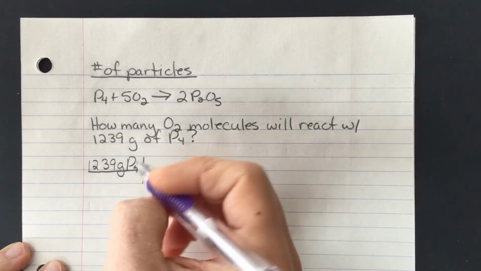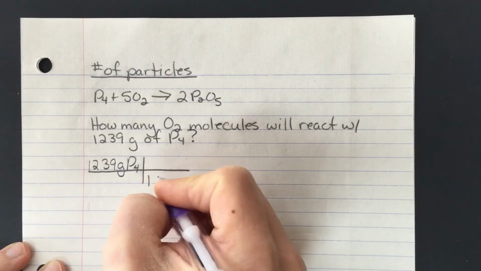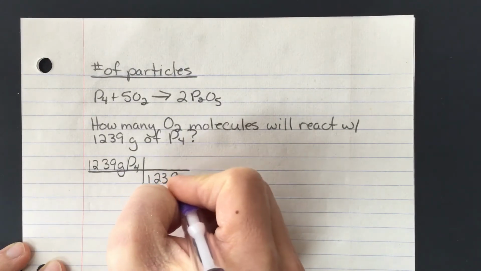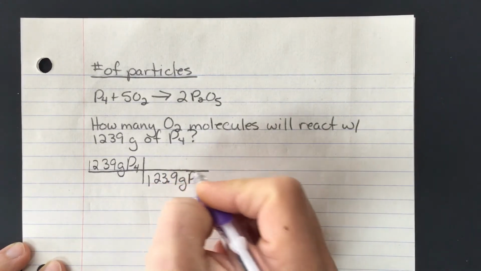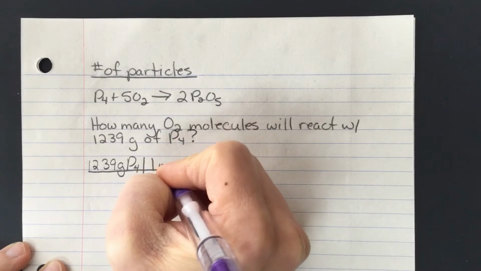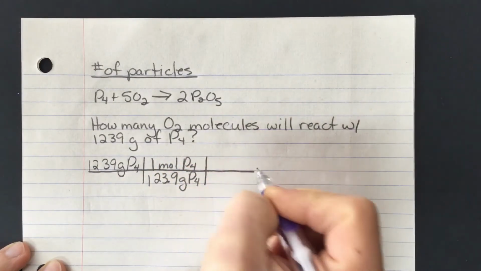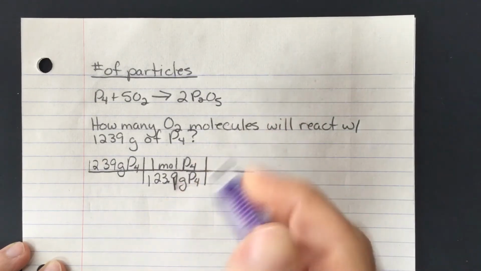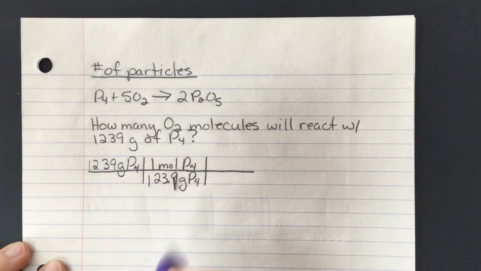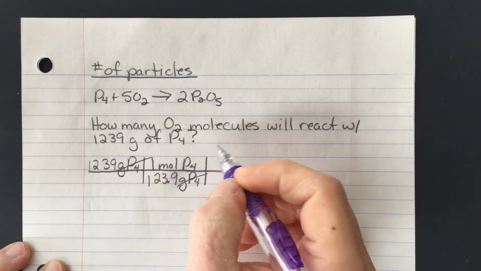From my previous problems, I know that 123.9 grams of P4 is 1 mole of P4. Now I need to go from phosphorus to oxygen at this point.